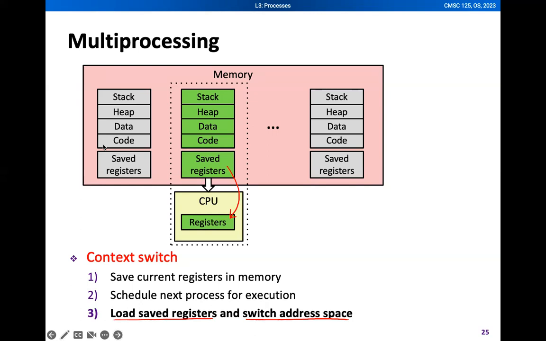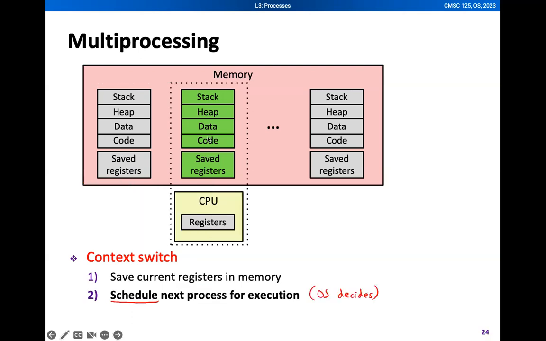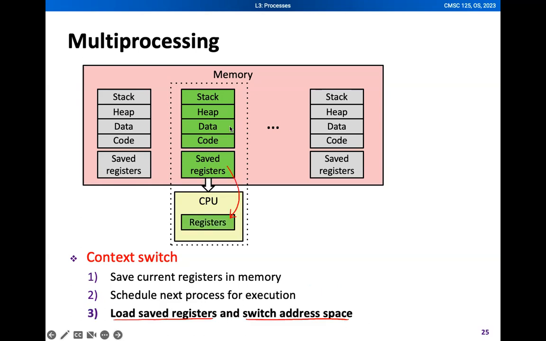Once scheduling is done, for example, the OS chooses to execute this process next, then it will load the saved registers, or the information in the memory that is associated with this process, and there is a switching that happens in the address space.